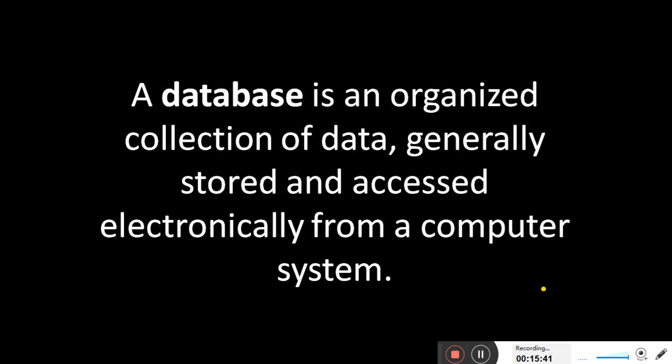A database is interrelated data. What you save in a database is interrelated data. What is interrelated data? Data which are linked to each other, right? Like if you are maintaining a database of a student, you can store the details of the student, then the details of the student's performance in first semester, and in second semester.